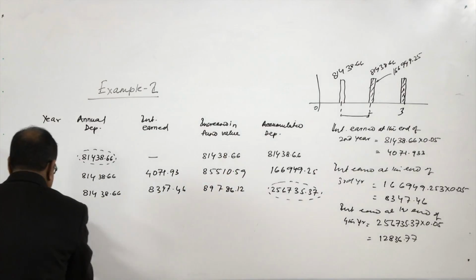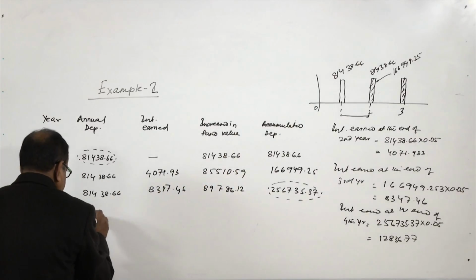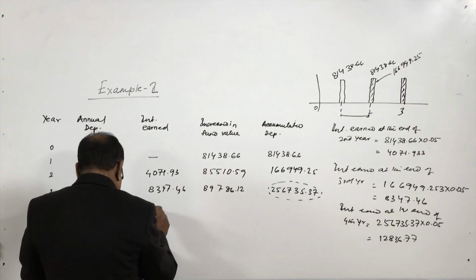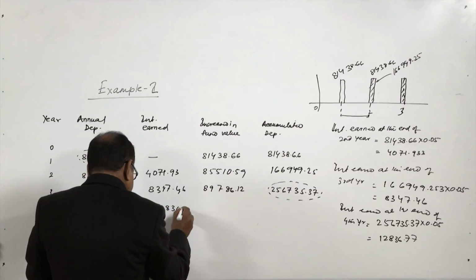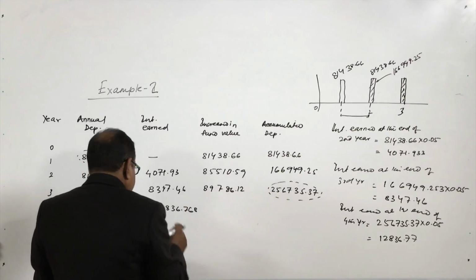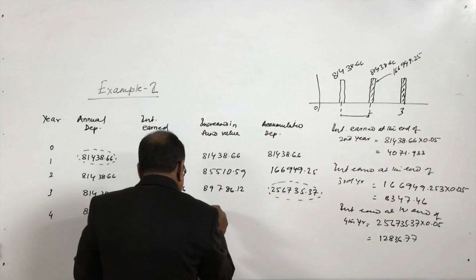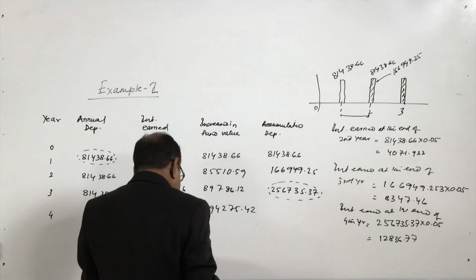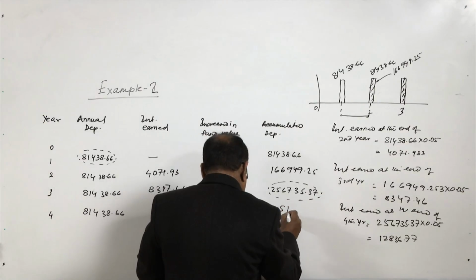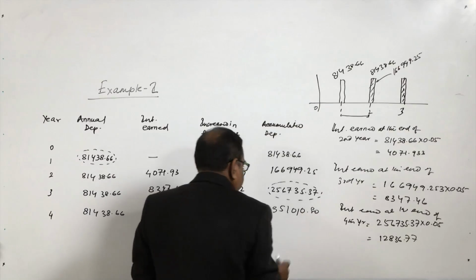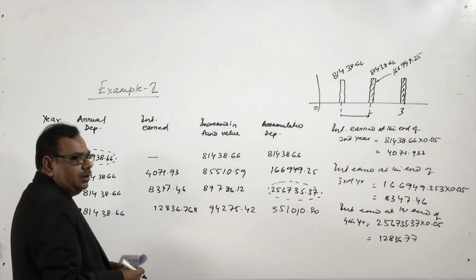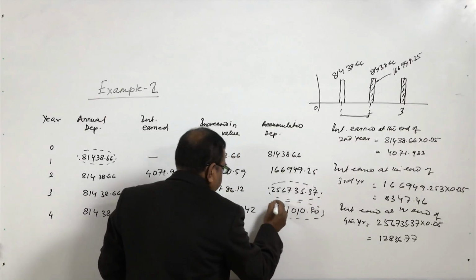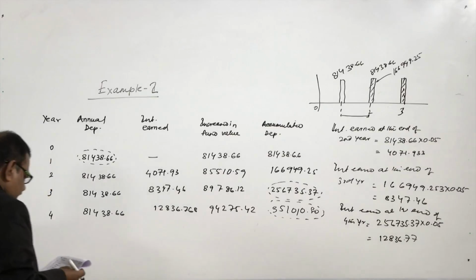So, here at the end of 4th year, this is 12836.768. Both added together, this becomes 94275.42, and this cumulative becomes 351010.80. So, interest in the 5th year will be based on this value.